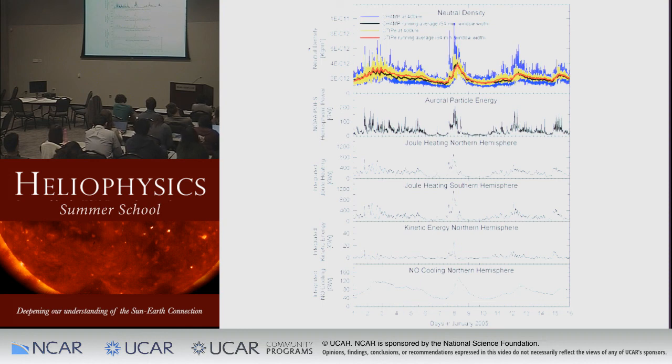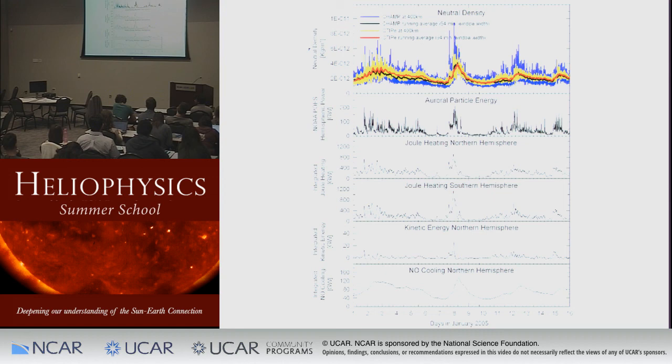So the first part here is the hemispherical power from auroral particles. It's 200 gigawatts was the kind of power from the auroral point of view. The Joule heating in the two hemispheres measured was actually, here's 200, and this got up to 800. So this dominance of Joule heating is fairly well established observationally.